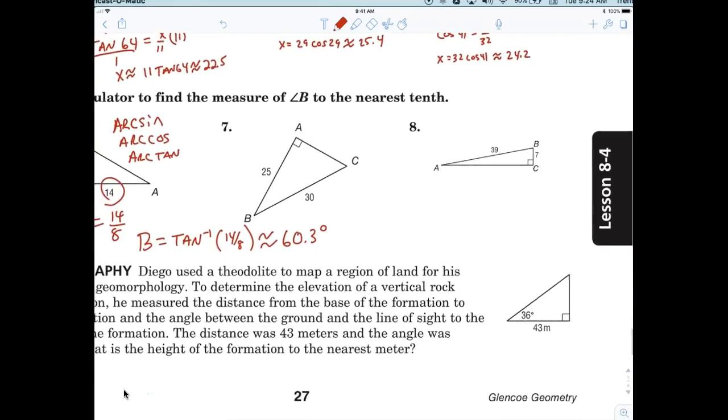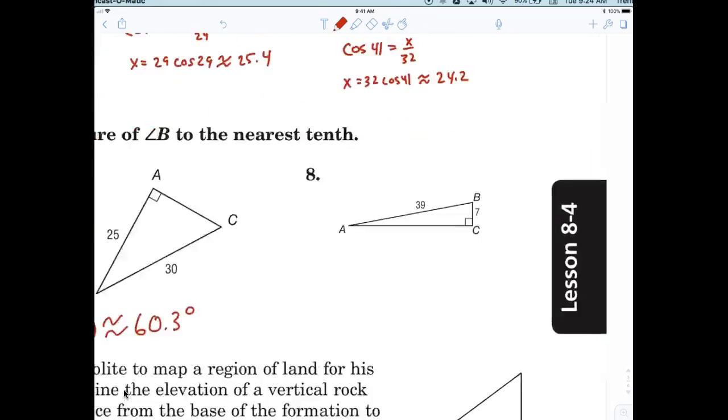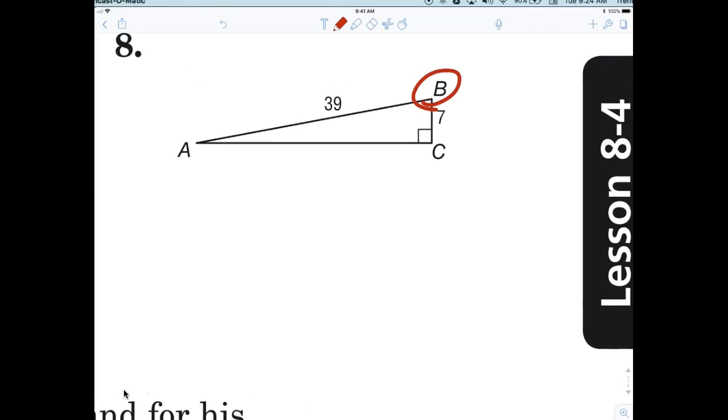Let's go ahead and jump on number 8 just for a quick second. I'm still looking for B, right? Yeah. So I'm looking for B. I have this and I have this. Adjacent and hypotenuse. So first of all, right off the bat, this is the hypotenuse, correct? Yeah, it's cosine. It has to be cosine. Grace, do you see that? I jumped to number 8. You with me? Oh, yeah. Right?